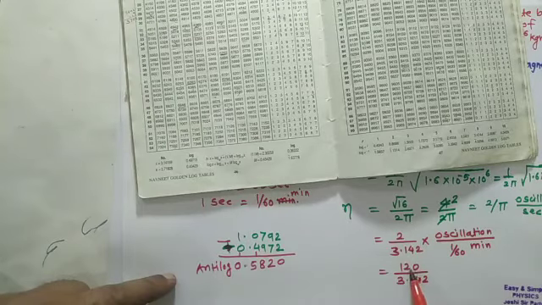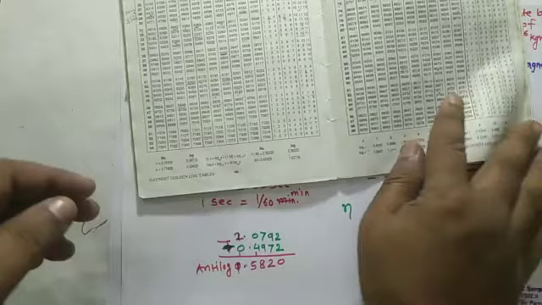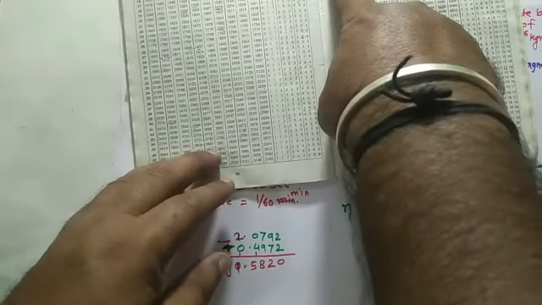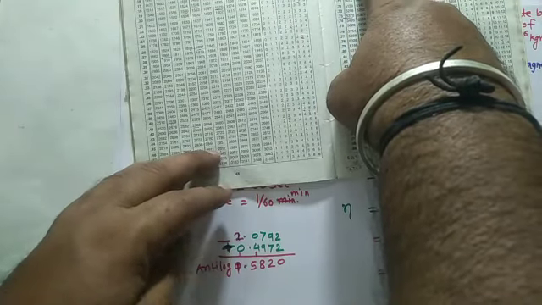Here 1 2 3 means the characteristic will be 2. Its antilog will be 0.58 in 2. 0.58 in 2 will be 3819.